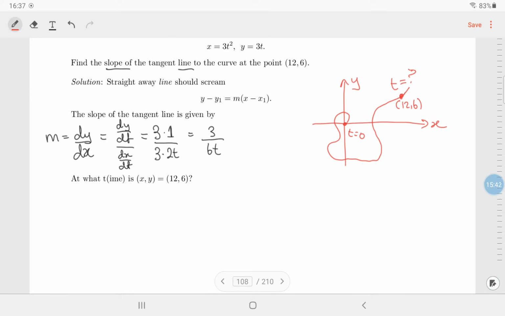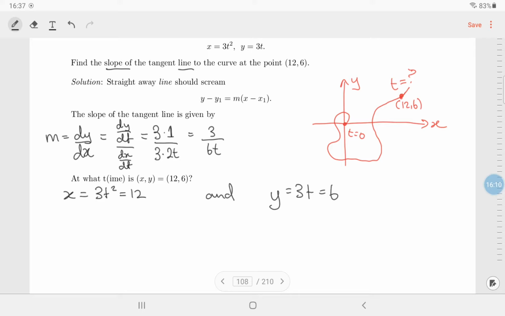So how you do this is you say, okay, so the x is in fact equal to 3t squared. So you want that to equal 12, and you want y, which is equal to 3t, to equal 6. So you want to find a time that the x coordinate is 12 and the y coordinate is 6, but we have the x and the y coordinate in terms of time, or t.